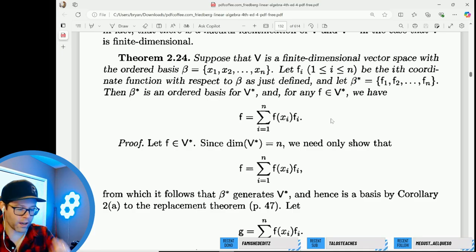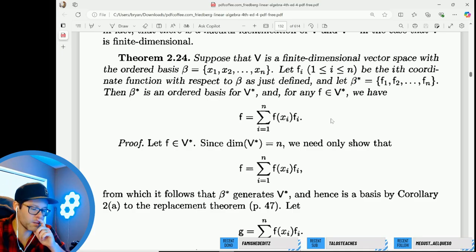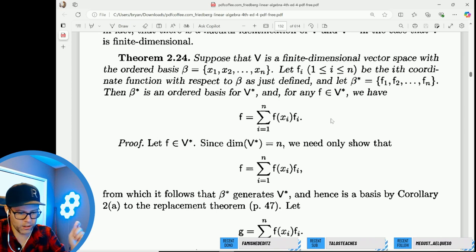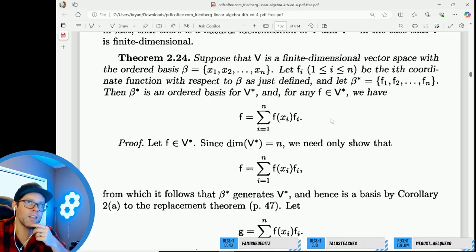Okay, so this is interesting. So this is giving us a way to break down every linear functional into a linear combination of the ith coordinate functions with respect to beta star. That's exactly what this is trying to do. So it's trying to get any linear functional as a linear combination.